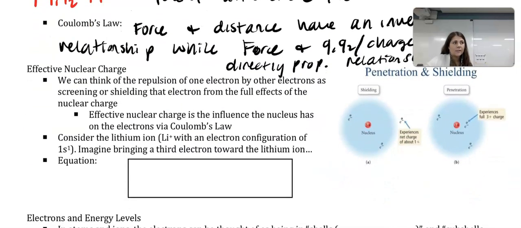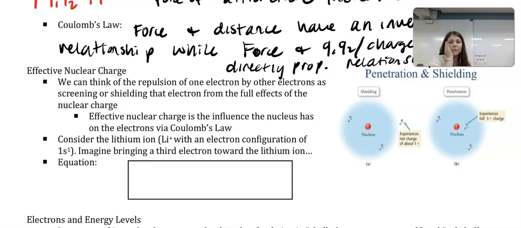Our next topic to talk about is effective nuclear charge. Effective nuclear charge is denoted with Z subscript eff. We call it Zeff. I don't know who came up with the Z, but the eff is talking about the effective part. When you think of the word nuclear, nuclear is referencing the nucleus.